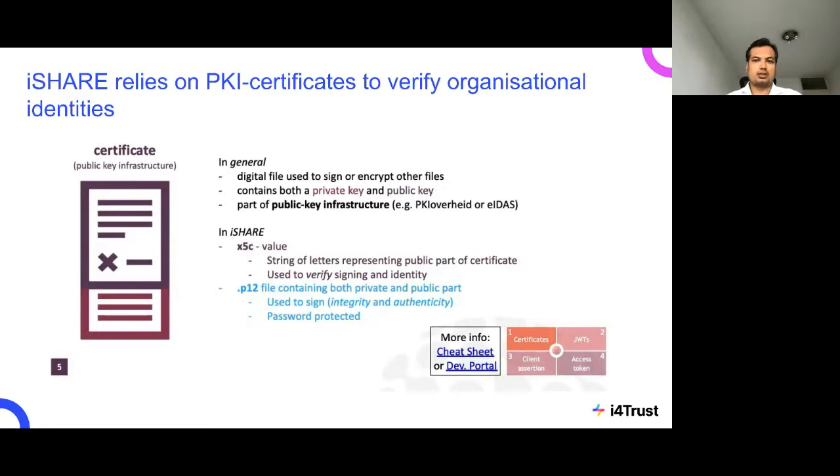It's another EU framework for organizational identities or digital signing certificates that you can get under the eIDAS framework, which allows you to digitally sign any data. So we rely on that, right? In iShare, when we say X5C value, it's basically the public part of the certificate that you need to add into the token. Usually a P12 file is a file where you have a combination of public and private key. It's all in one file.